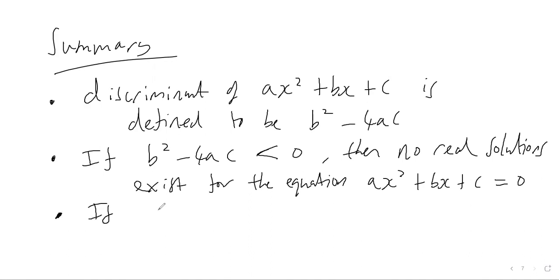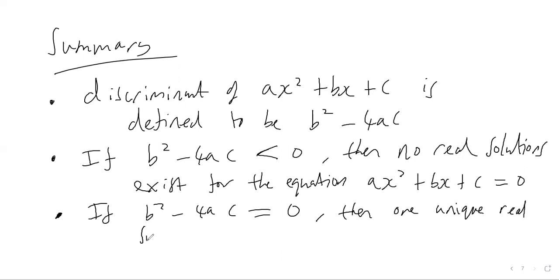Now, if b squared minus 4ac strictly equals 0, then one unique real solution exists for the equation ax squared plus bx plus c equals 0.